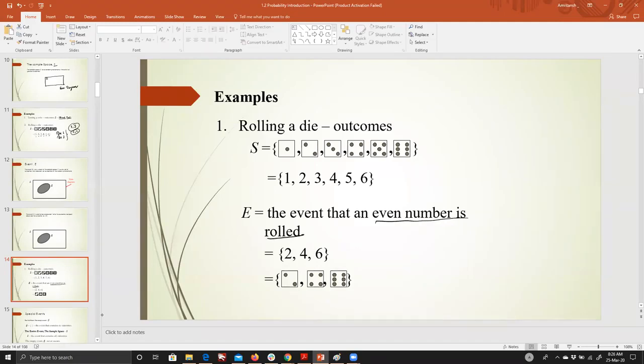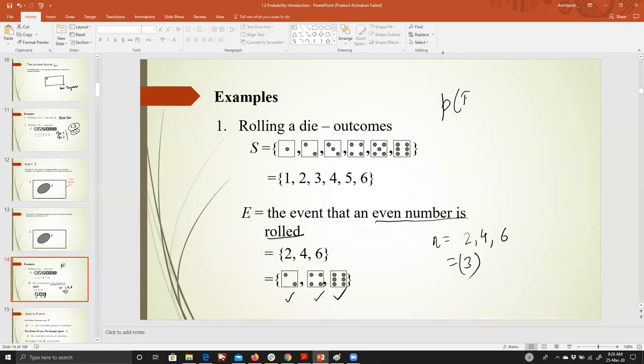So what is the number here? 3 only. Even numbers on a die are 2, 4, 6, which basically gives me the overall number as 3, right? Okay. So what is probability?